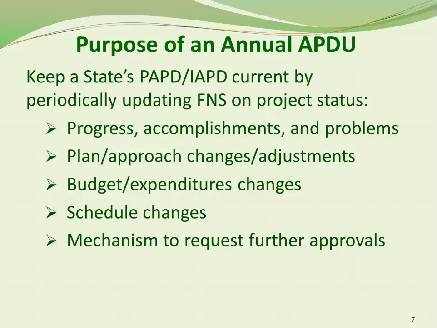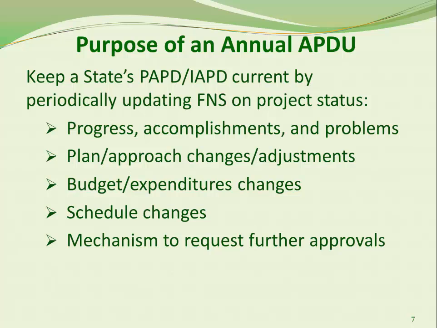The annual APDU should not provide FNS with any surprises. The annual APDU keeps a state's PAPD or IAPD current by periodically updating FNS on the project status. It provides the progress, accomplishments, and any problems encountered. It includes any changes in the plan, budget, or schedule.